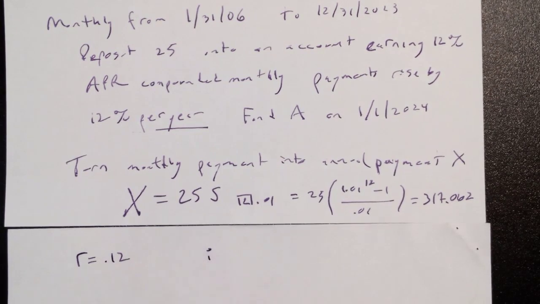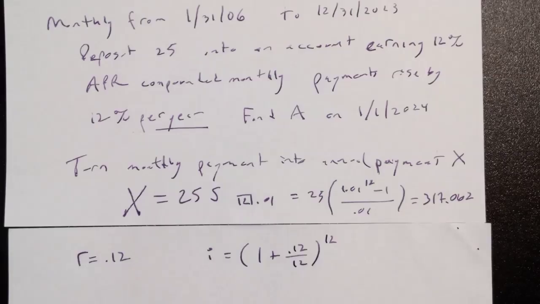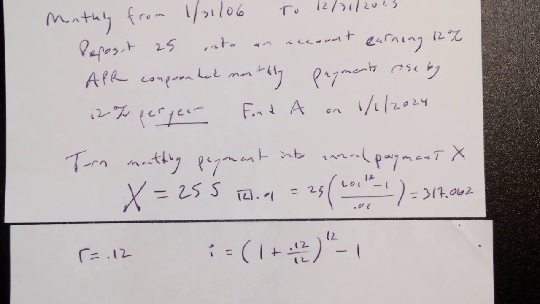What's I? Okay, here's the problem. It says up there that I is 12, but I is compounded monthly, right? So that means really I is 1 plus 0.12 over 12 to the 12th, minus 1. Which is not 12%. What is that number?